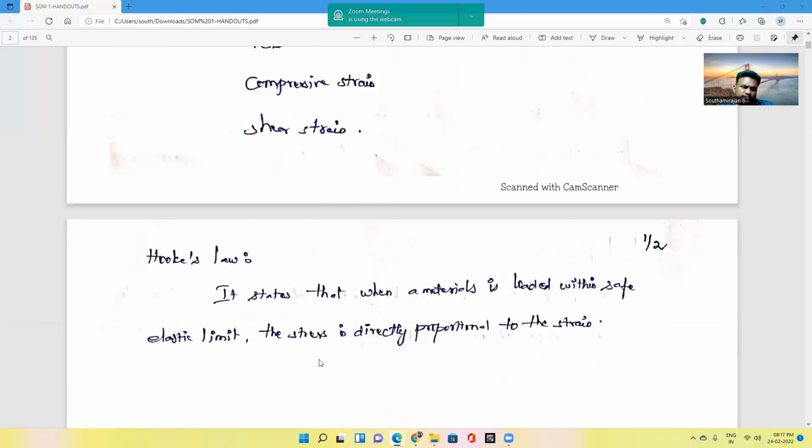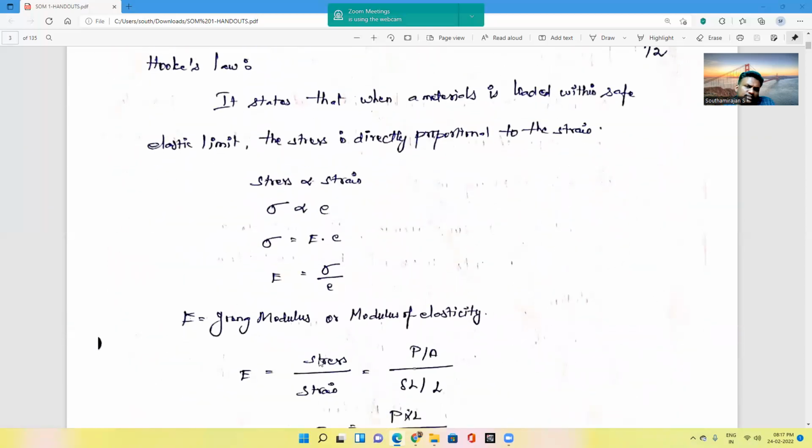The next topic is Hooke's law. Hooke's law says that the material will behave without any variation: the stress is directly proportional to strain within the elastic limit. Up to the elastic limit, the material will not undergo any deformation on the surface or internally, so up to that limit the material behaves as an elastic material.